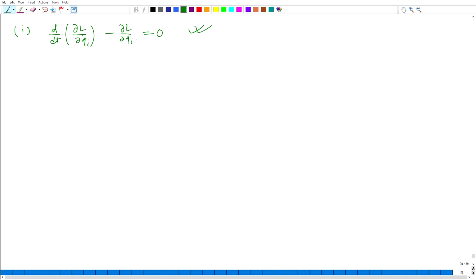Now, the first point is, if L does not explicitly contain any Qi, let us say some specific Qi star, it can be one or more than one specific Qi's.